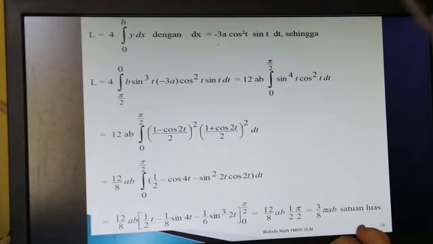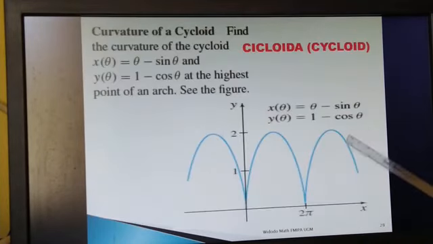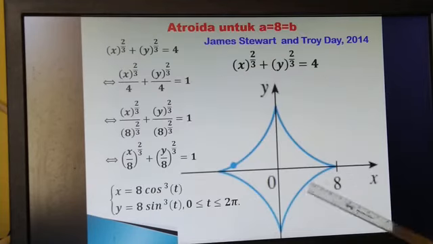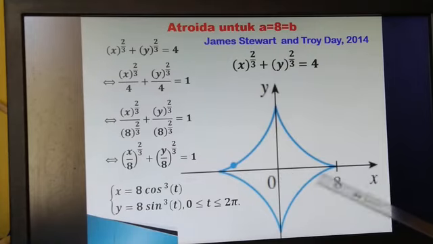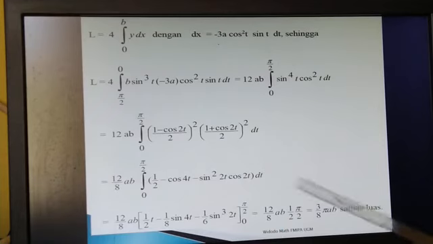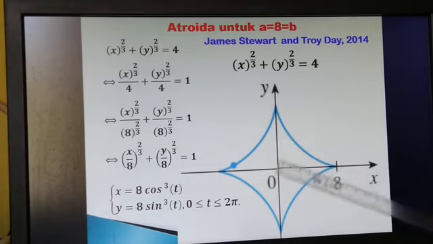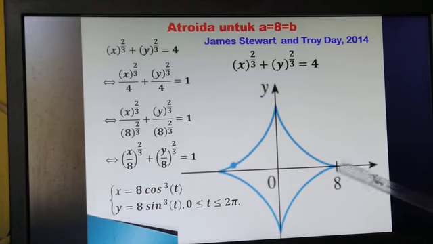And here the bounds of the integral, of course, change from 0 until b. The 0 means the angle π/2, that is the y-axis, and the b means the angle 0.